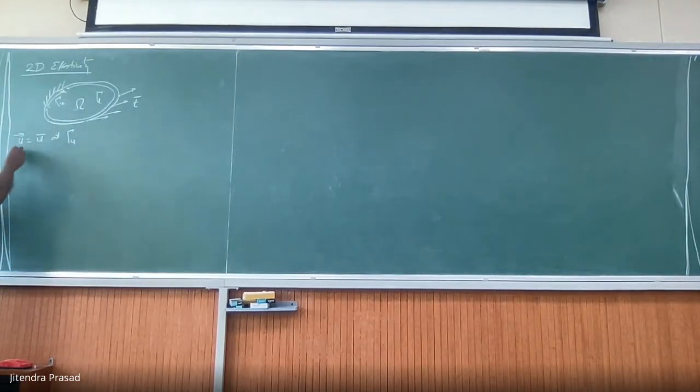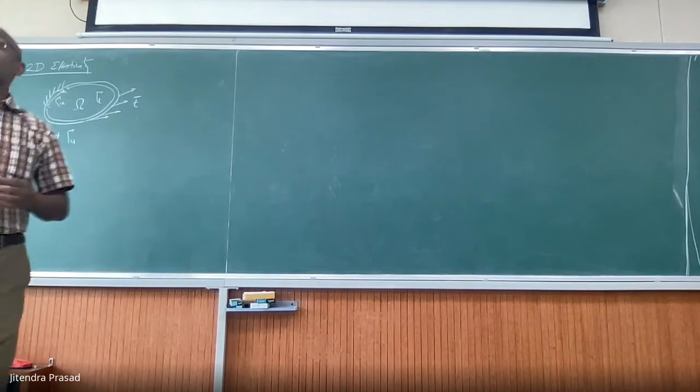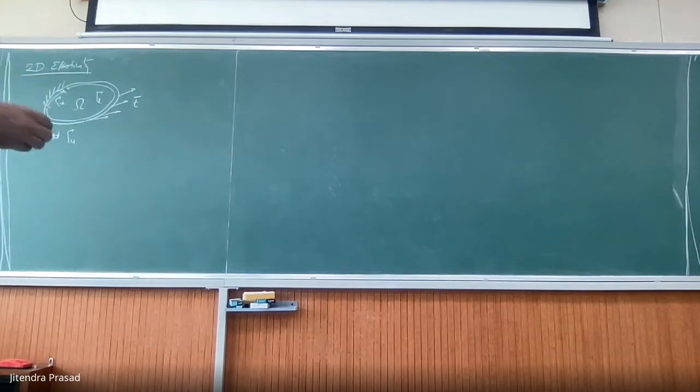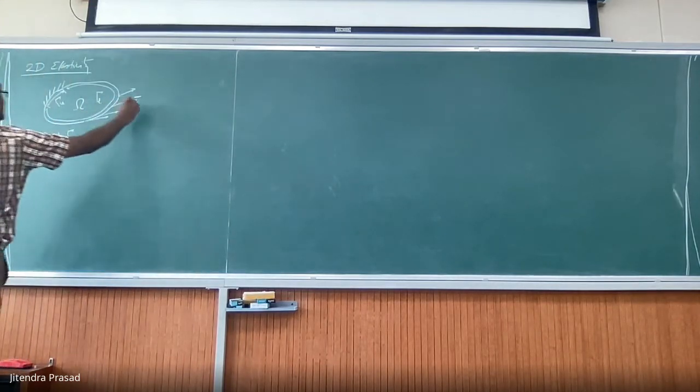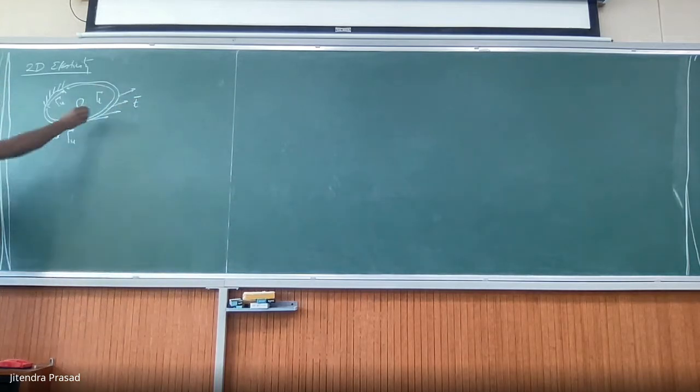So in general, the force applied we write in terms of the traction, so T is equal to T bar at gamma T.